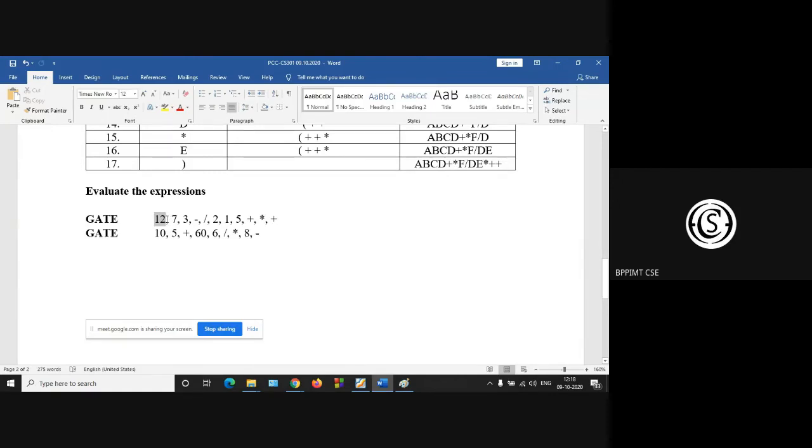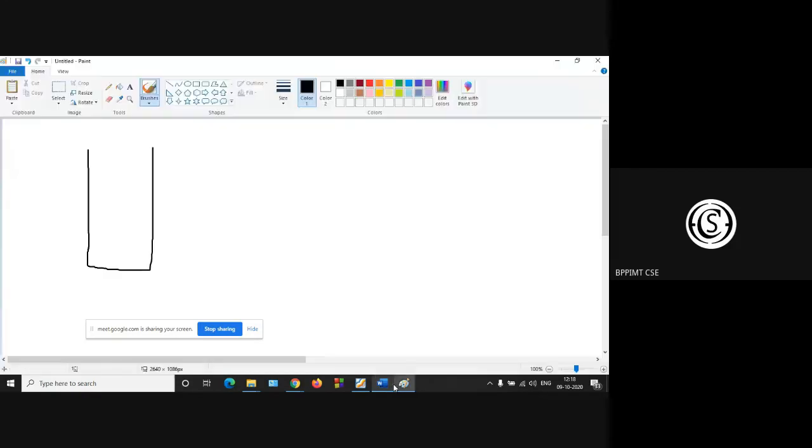These are called the tokens. So the first token is 12. Here this is your top. Top is initialized with null or -1. So first of all, you have to increment this top. Make a free space and insert 12.